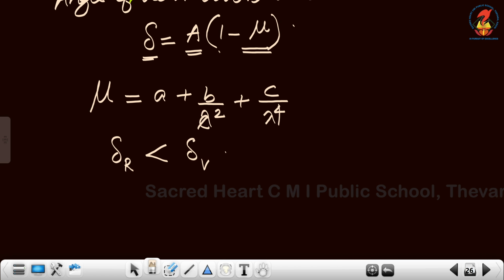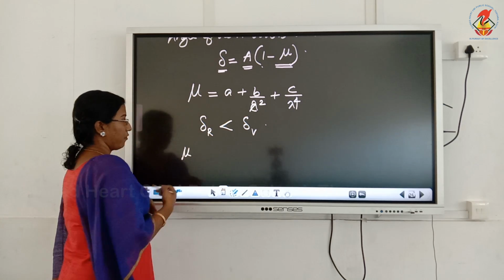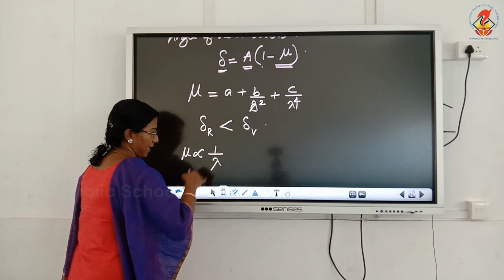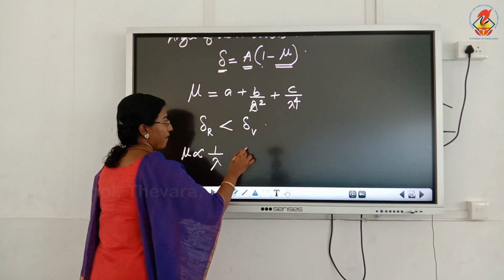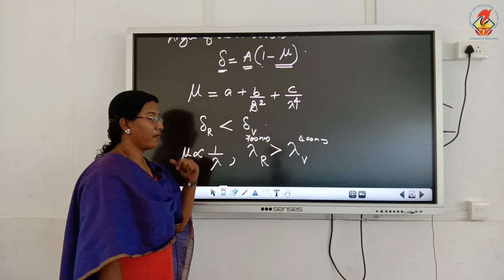Now, we know the refractive index of the refracting medium is inversely proportional to the wavelength, isn't it? And the wavelength of red light is greater than the wavelength of violet light. This has 400 nanometer wavelength, and this has approximately 700 nanometer wavelength.